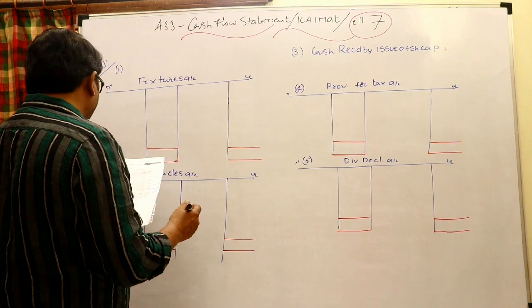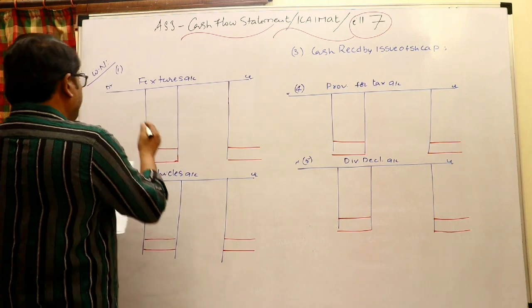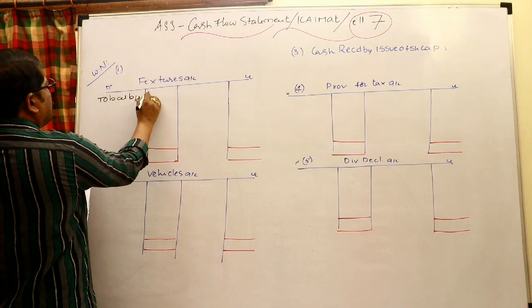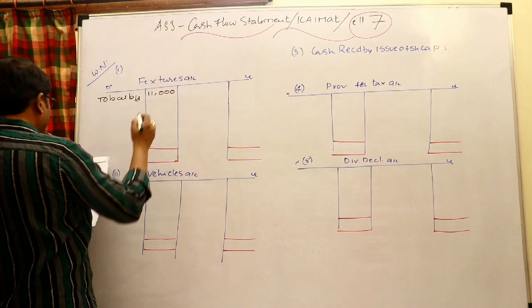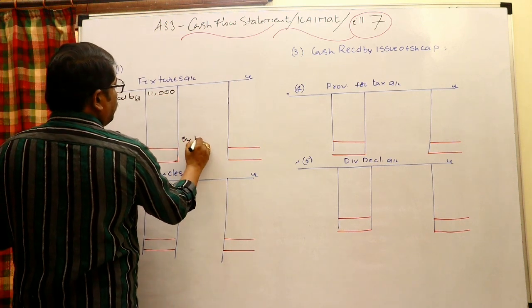So I want to take the fixtures in the beginning, 11,000, closing 17,000.